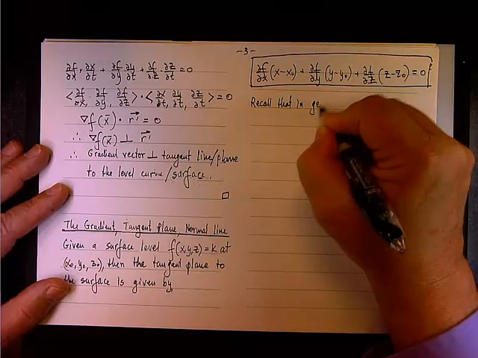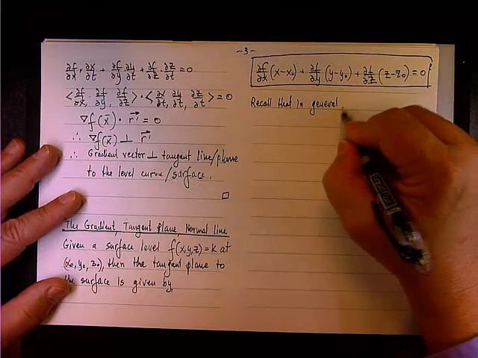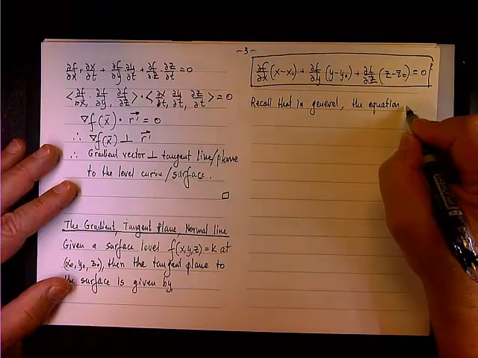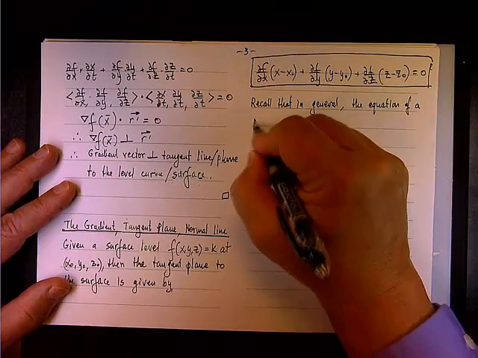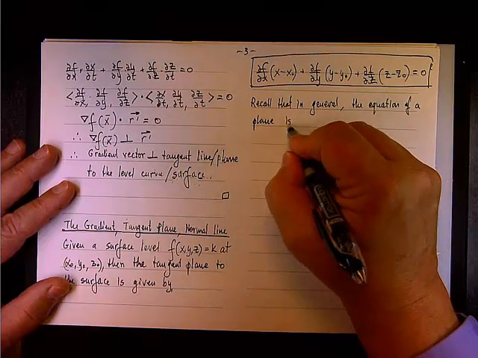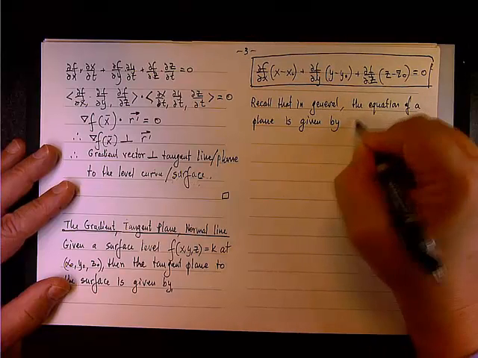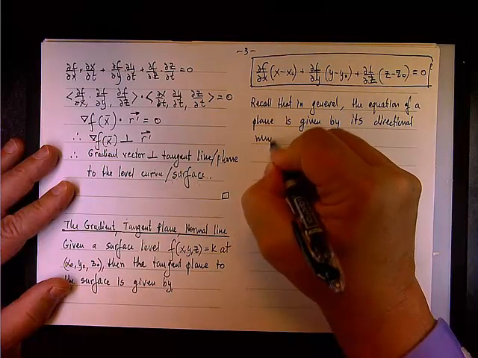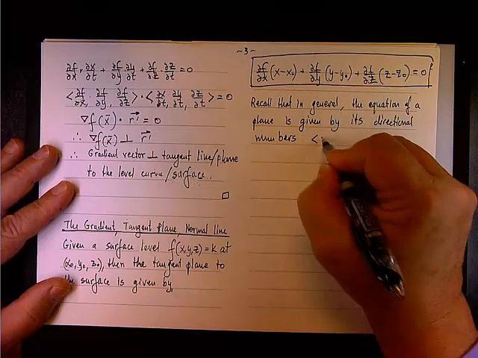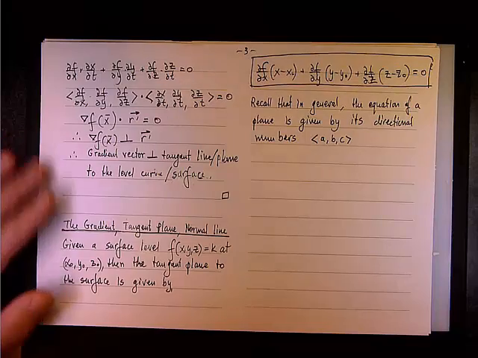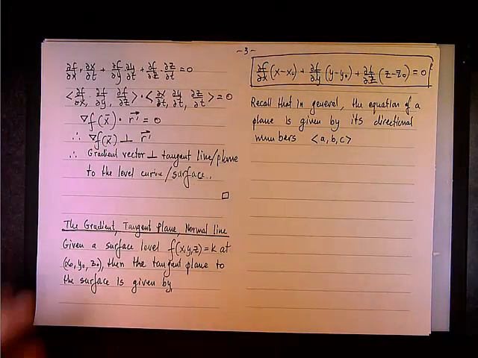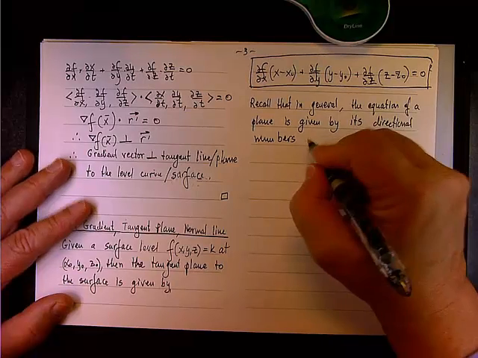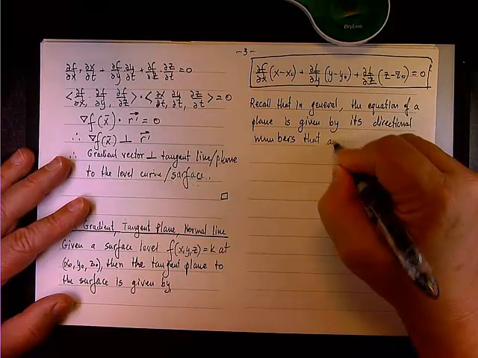So recall that in general, the equation of a tangent plane, of a plane, actually, of any plane, is given by its direction numbers, the components A, B, C. So let me write it this way.